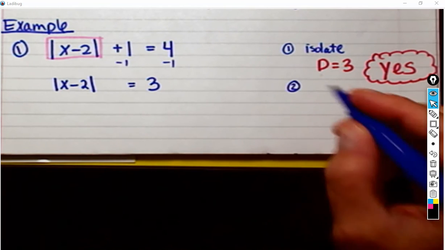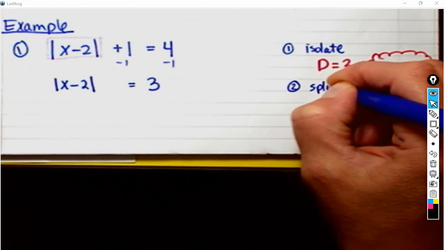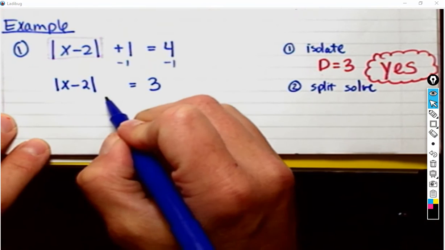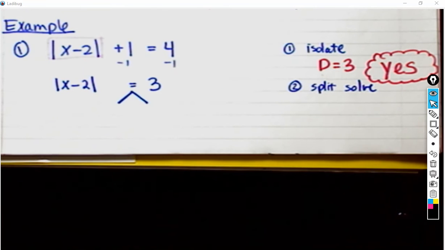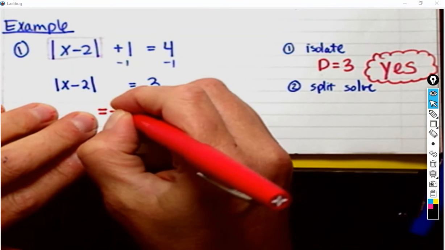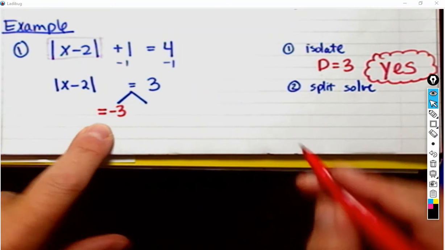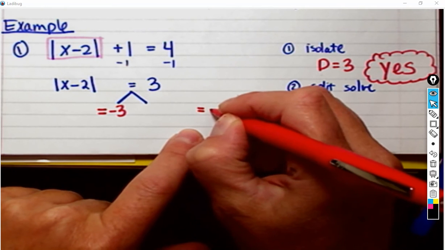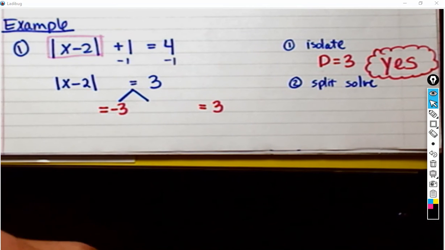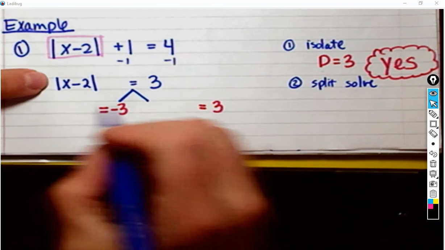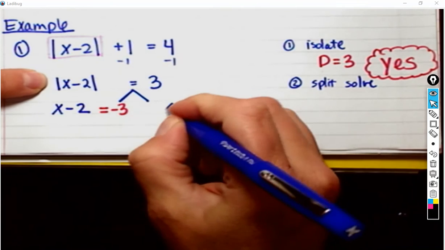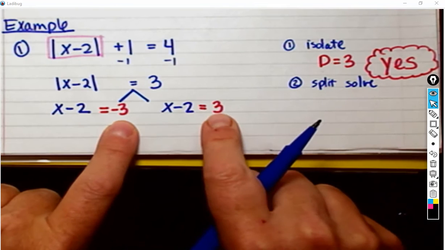Split and solve. The V is just me splitting it into two parts. One is going to be for the -3, and the other is for the +3. Notice what's changing signs. Not the thing inside the absolute value when the bars disappear, just the distance number.